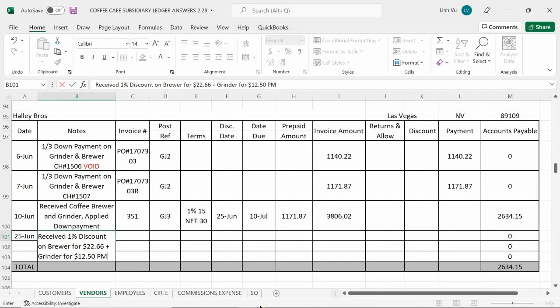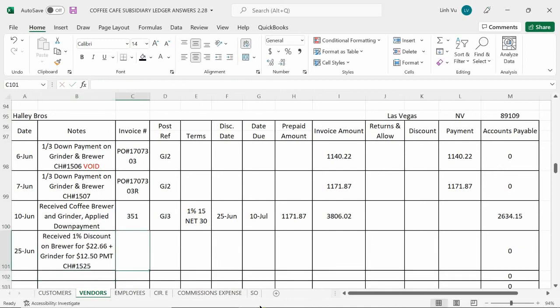Okay. Payment check number 1525. Okay. And this was invoice number 351, the only one that we have. Okay.